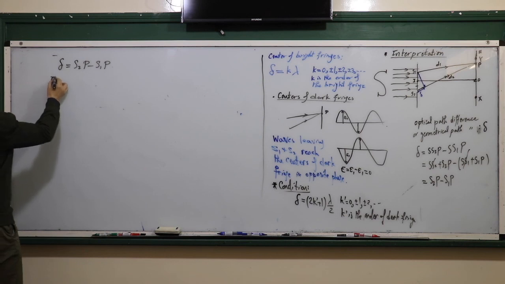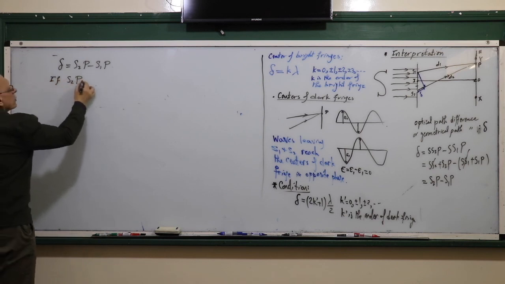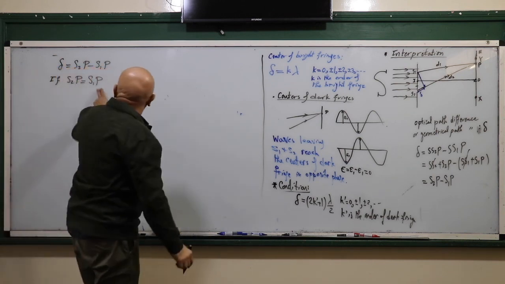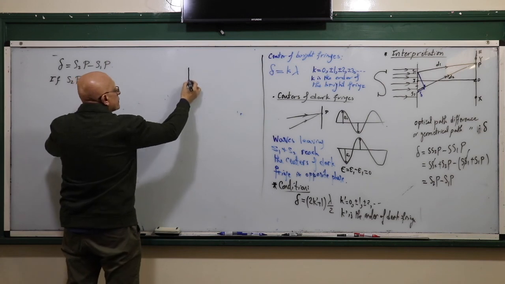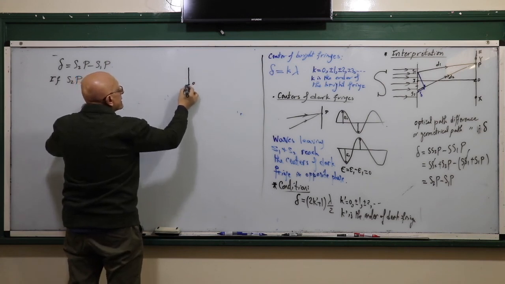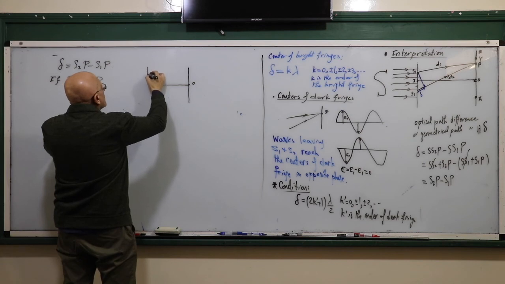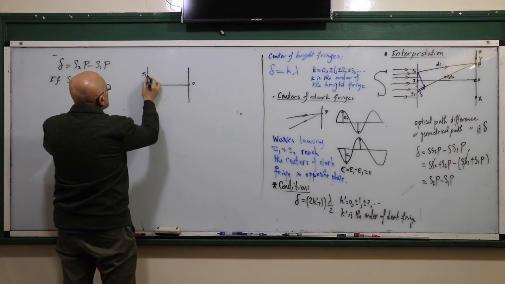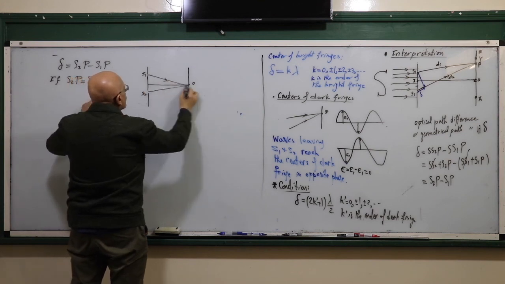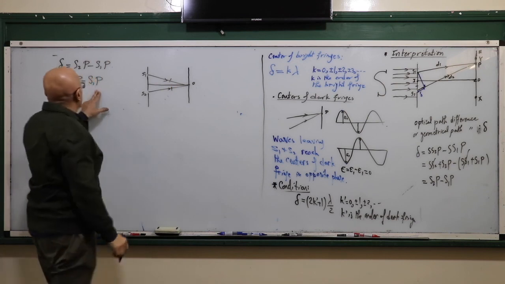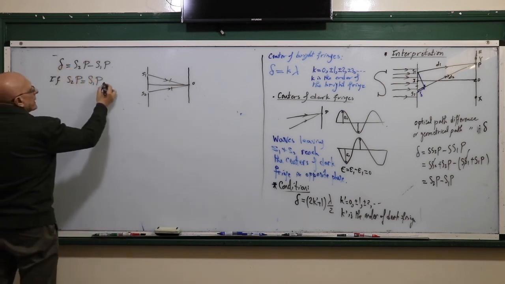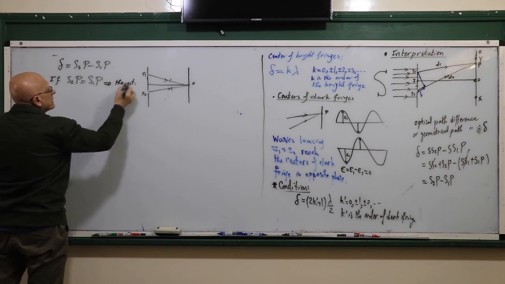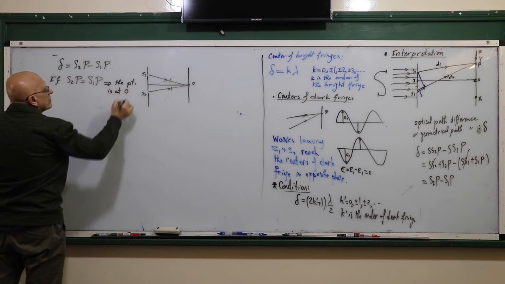If S2P equals S1P, what does this mean? This means that we are at the center at O, because at O you have here, this is S1, this is S2. At O, these are equal. So this means that the point is at O.